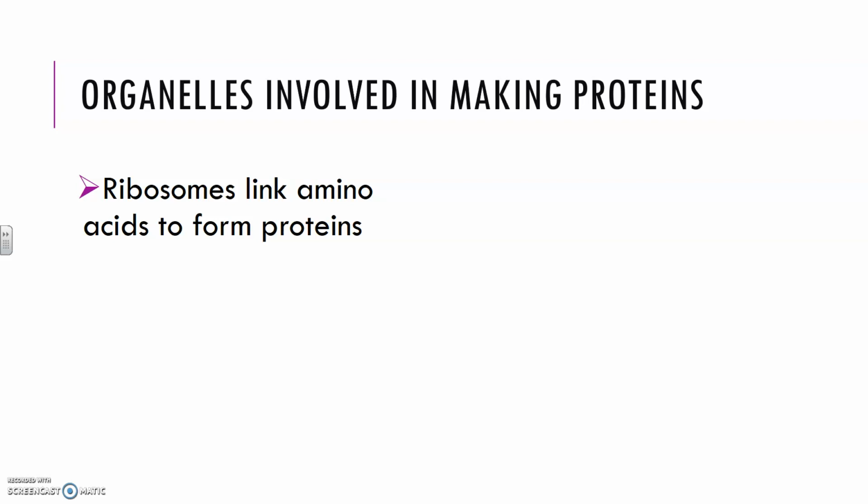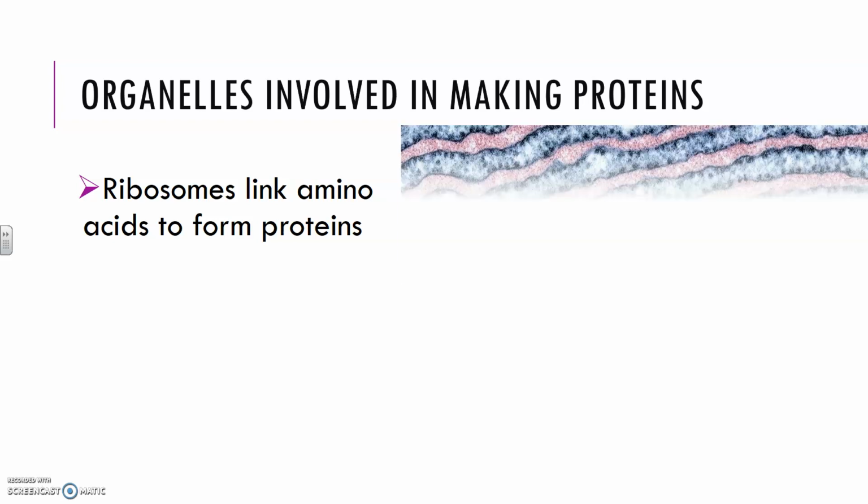So this is where you get that organic molecule being produced. And if you remember from chapter 2, when we talked about amino acids and proteins, proteins really help carry out most of the chemical reactions inside the cell. So if you didn't have proteins, if you didn't have ribosomes, the cell basically wouldn't be able to do anything.